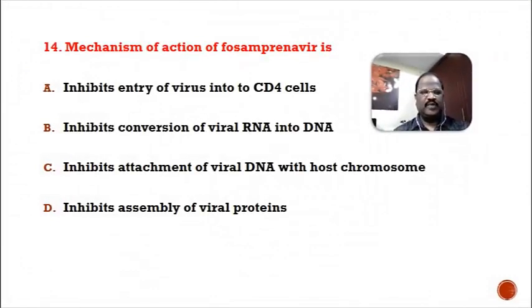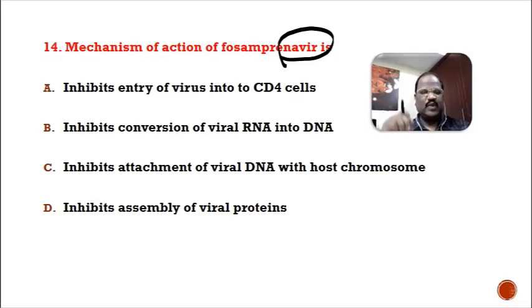Now, question number 14. Mechanism of action of fosamprenavir. Look at that. Fosamprenavir. Navir means protease inhibitor. So, mechanism of action of protease inhibitor. Before looking at the options, you should keep in mind all the protease inhibitors inhibit viral maturation, inhibiting post-translational cleavage of Gag-Pol polyprotein.